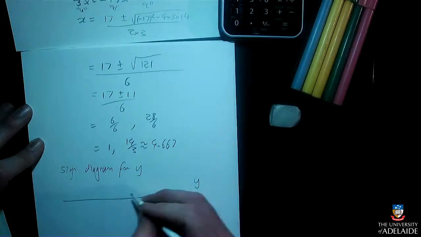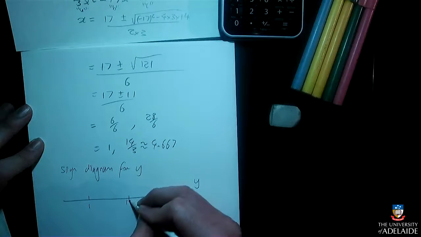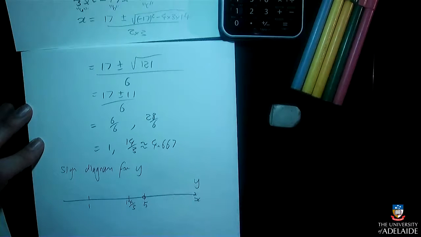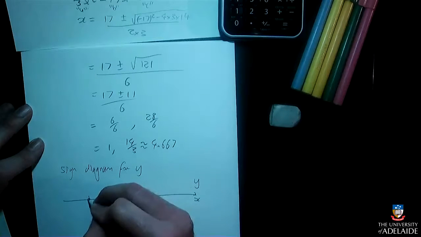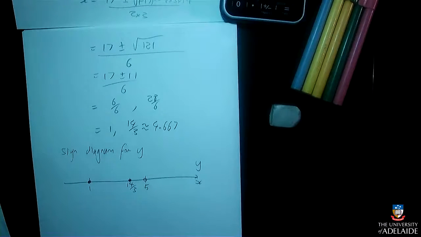The x values that I have were 1 and 14 over 3, and 5. At 5 it was undefined, and at these 2 it was actually 0. So I have 4 regions that I need to check. Now I can't do f of things because I haven't been told what f is, so I'm going to have to do it with y.